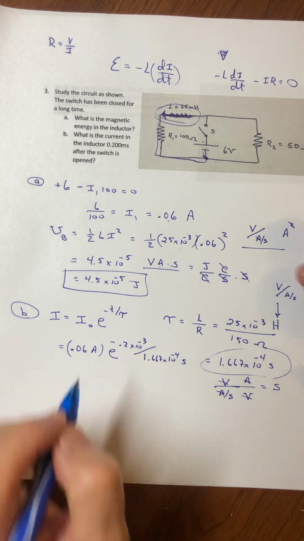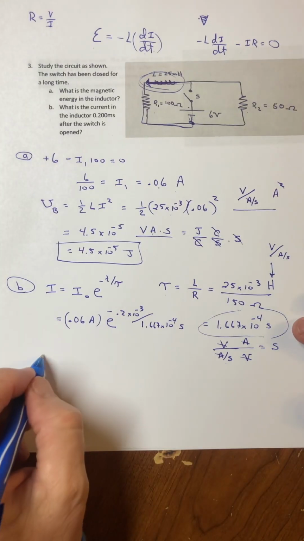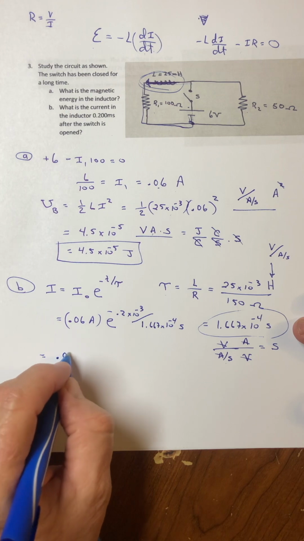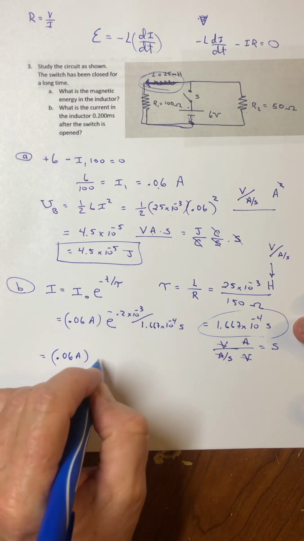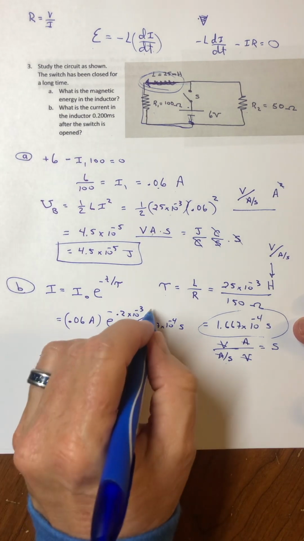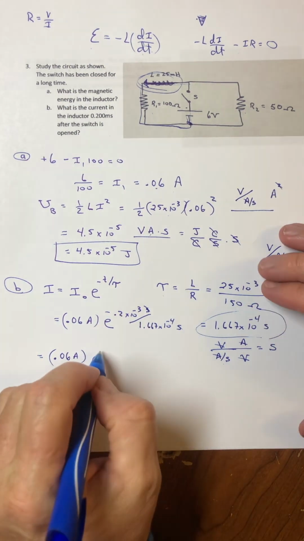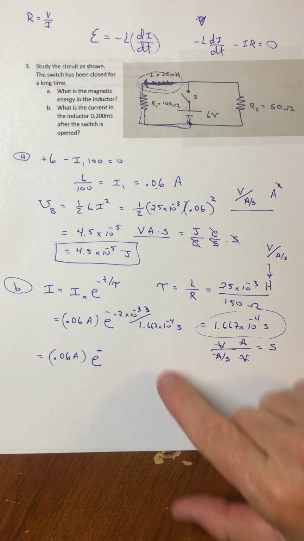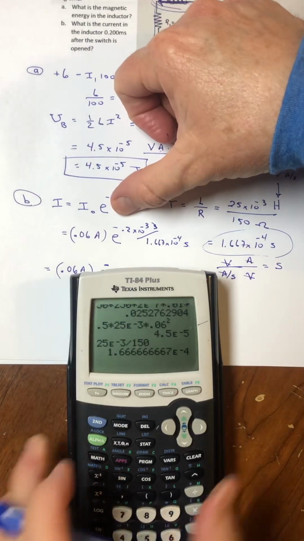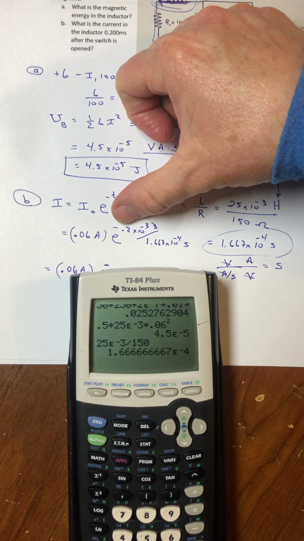Oh, it looks like I dropped the minus sign there. All right, so 0.06 amps times e, and the units of seconds would cancel off, minus, and let's just see what this comes out to be.